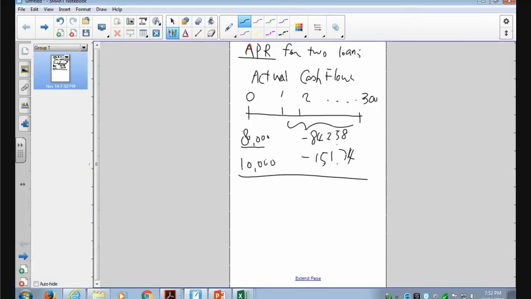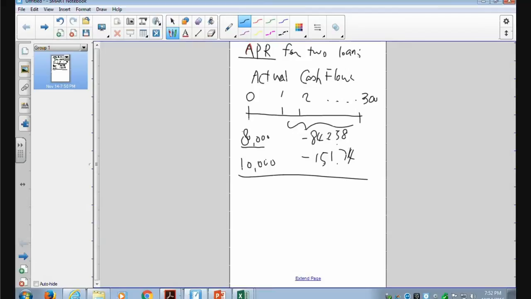So what's the combined cash flow for these two loans? Of course, $90,000. Now listen: for incremental borrowing cost, you take the difference. But for the bigger loan and the smaller loan, this time you compute the APR for the combined loan. Don't take the difference.